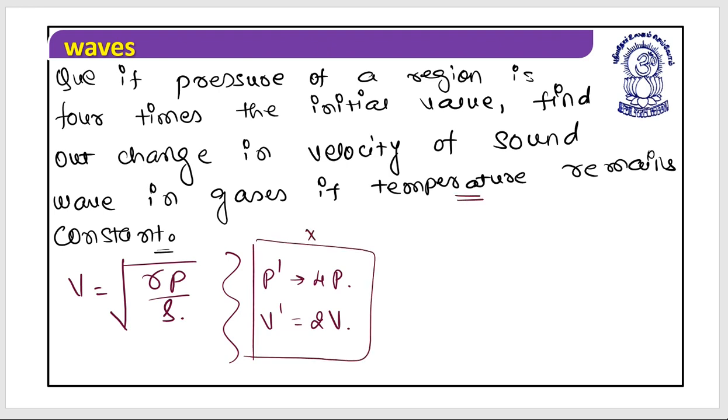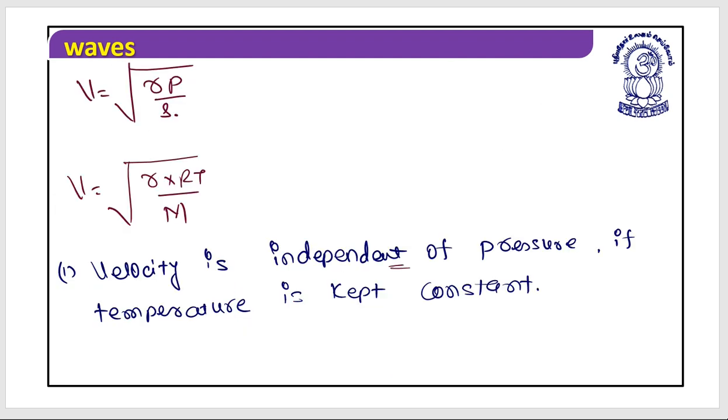They have given that temperature remains constant. So what is the situation? Even we mentioned it at the very first point, that velocity is independent of the pressure if temperature is kept constant. Why so? Let's have a look.